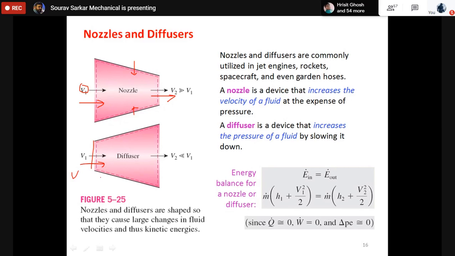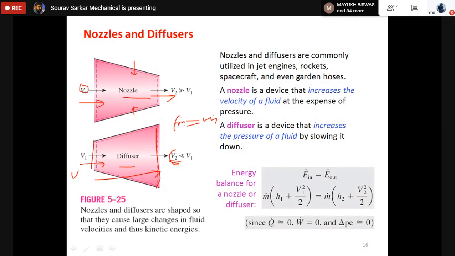As it is flowing inside the device, you are gradually increasing the cross-sectional area. As you are increasing the cross-sectional area, what is going to happen? The velocity will reduce. Why is the velocity reducing? Because to satisfy the continuity equation that you have already studied, m dot equal to m dot, whatever is coming, the same thing should leave the system. So the velocity will reduce. This is basically called a nozzle and this is basically called a diffuser.